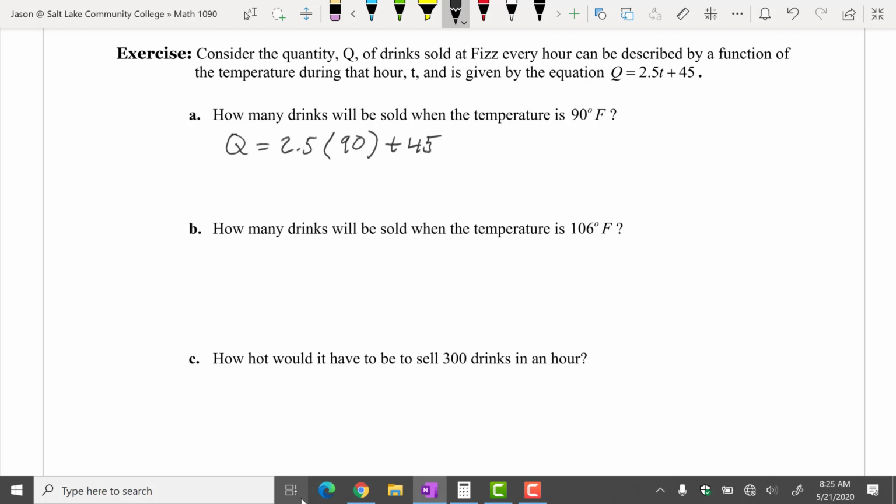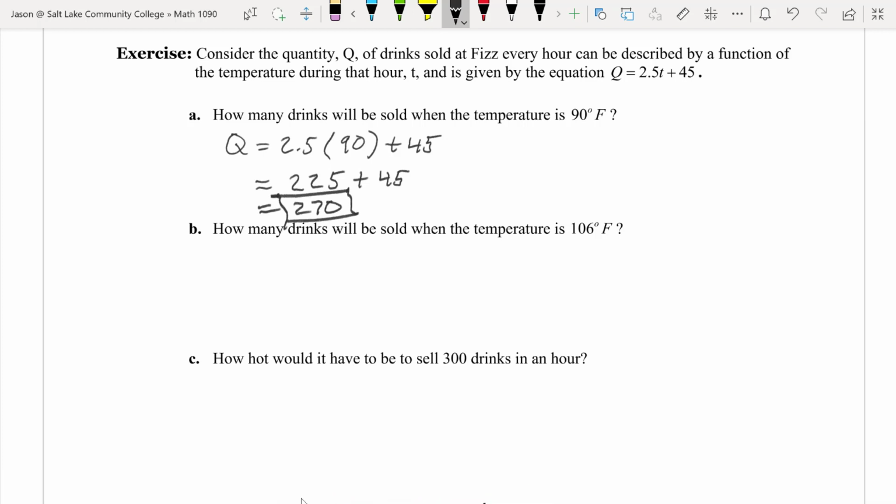Half of 90 is 45. 180 plus 45 is 225. And let's see, 225 plus 45, that is 270. So we would expect to sell 270 drinks every hour when the temperature is 90 degrees Fahrenheit outside.